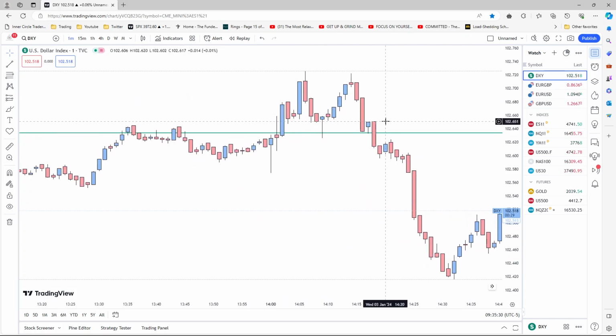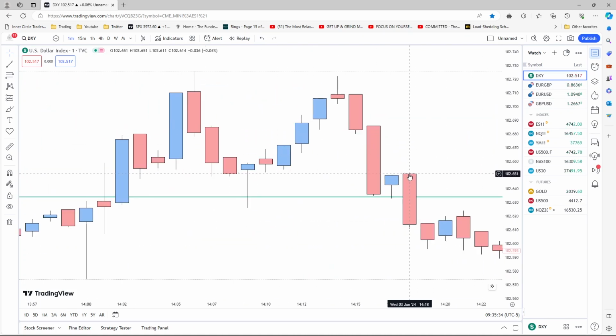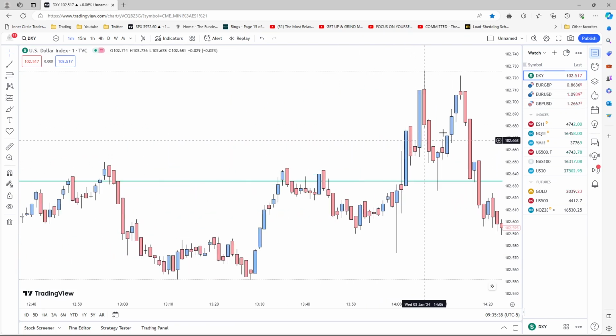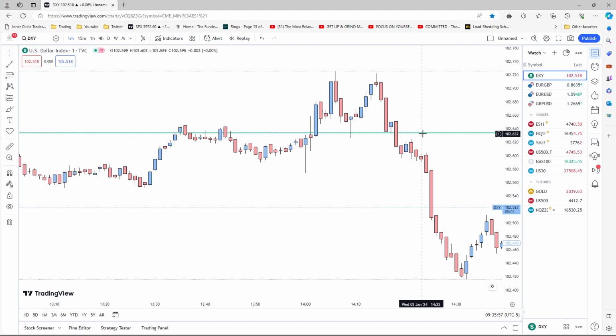You can see this candle here is slightly higher than this one, so we did go into this gap. We traded into it. We did have a nice little move down there, not really taking out this swing low, but an impulsive move nonetheless.